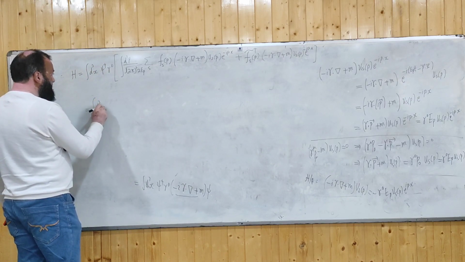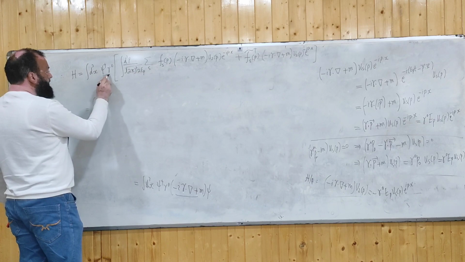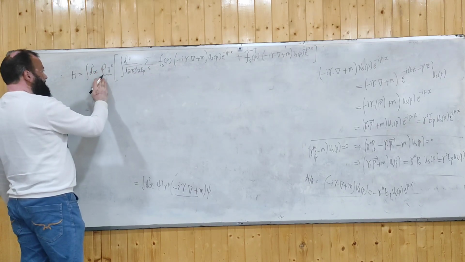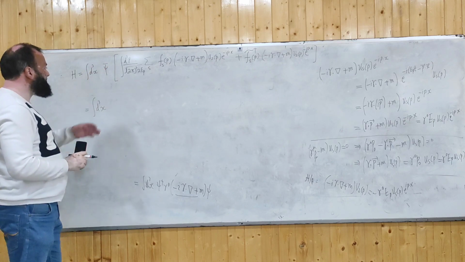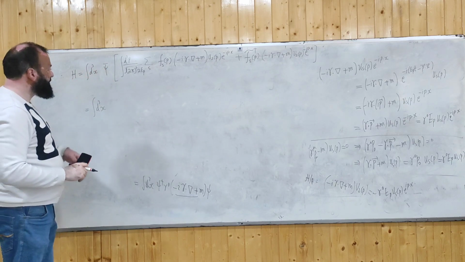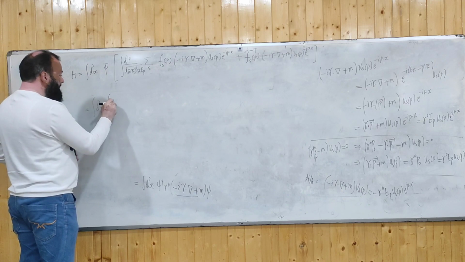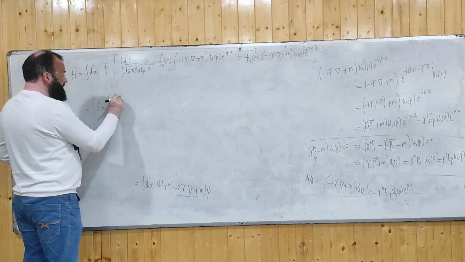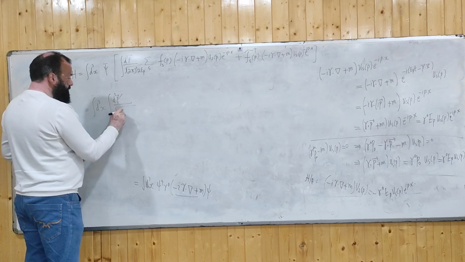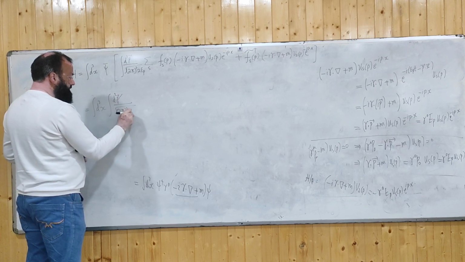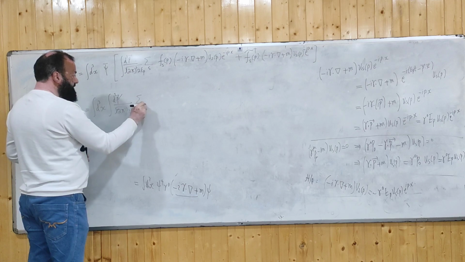So you are having d^3x. Now since this is ψ-bar, let me put the form of ψ-bar. Let me write d^3p′ divided by root of (2π)^3 twice E_p′, summation over s′.